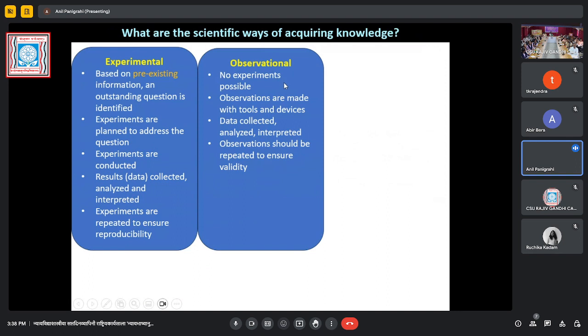In this case, experiment is not possible. Say, for example, there is a star system, like our own solar system, our own sun. If we want to understand where the sun came from, how it grew, how it matured, and how it is going to die, then we cannot do that experiment in the laboratory.